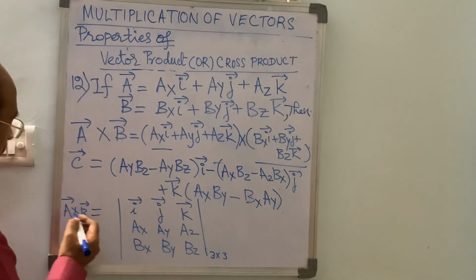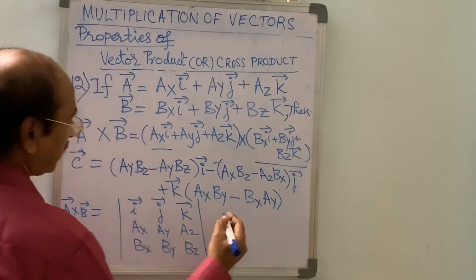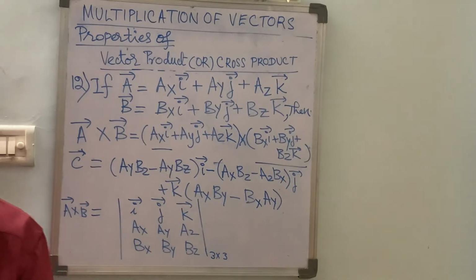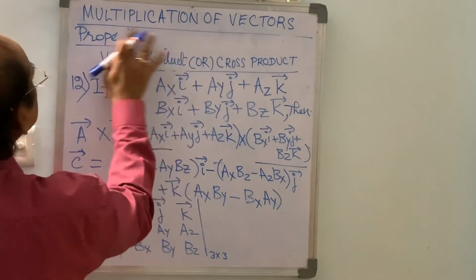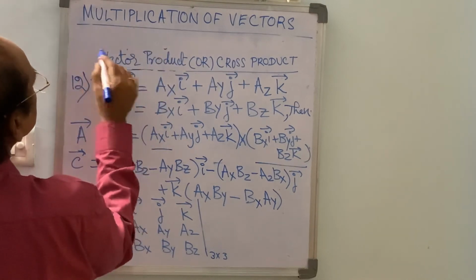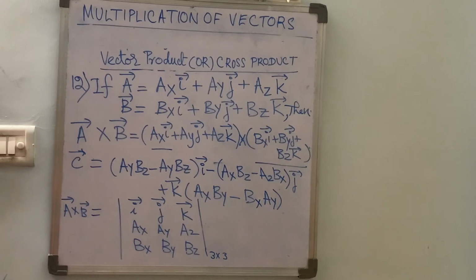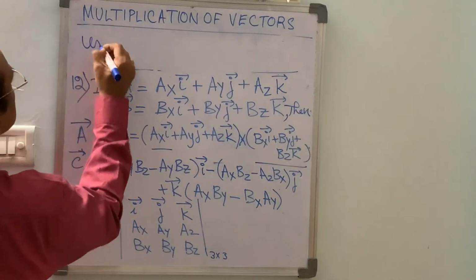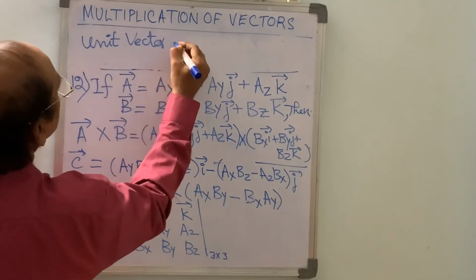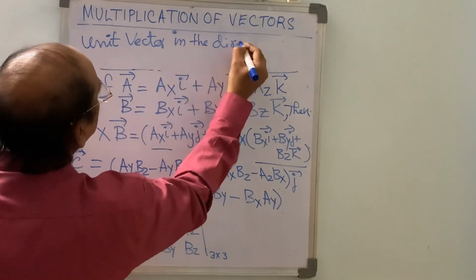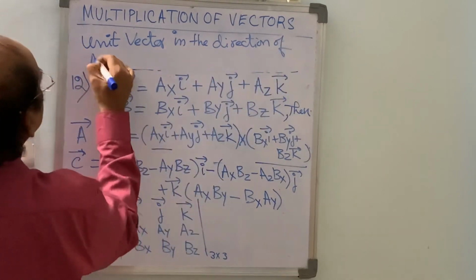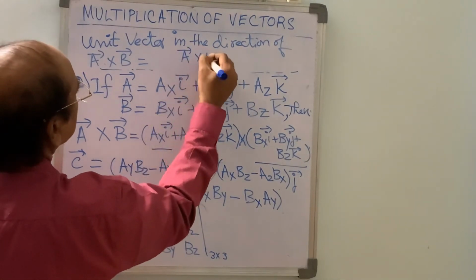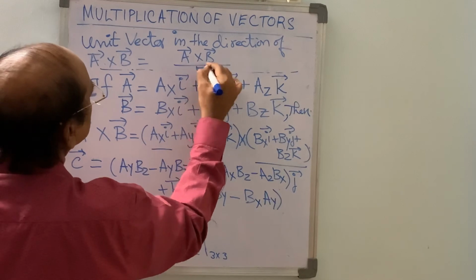Now we obtain the unit vector in the direction of a bar cross b bar, which is obtained by a bar cross b bar divided by its magnitude.